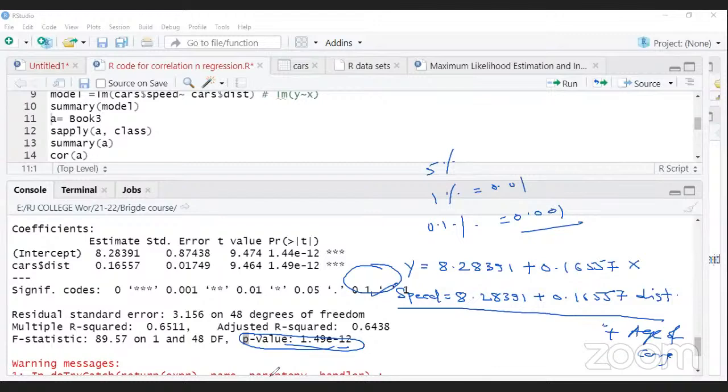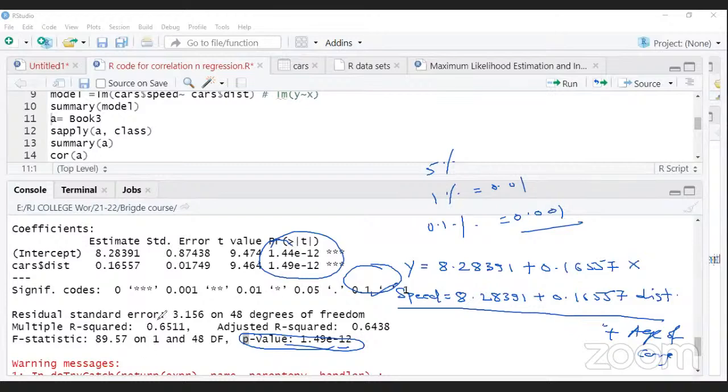And based on these p values, you can talk about your individual variable. Here I'm talking about whether my distance variable is significant, but here I'm talking about the overall model. So these are the two criteria you always have to understand: whether the overall model is significant, and whether the individual variable is significant.